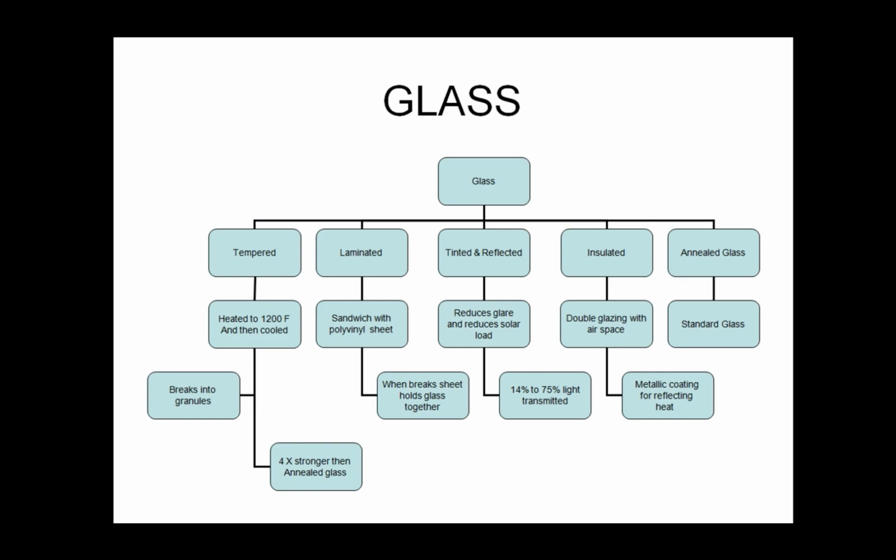Right. Tinted and reflected, obviously you're using those to reduce glare, right. Possibly keep a room cooler. Right. Insulated, as I noted earlier, it could be double, triple space glass with either air on the inside or a gas that actually heats up hotter to create better insulation.